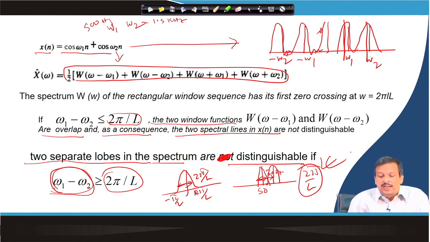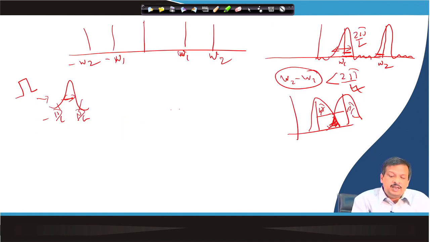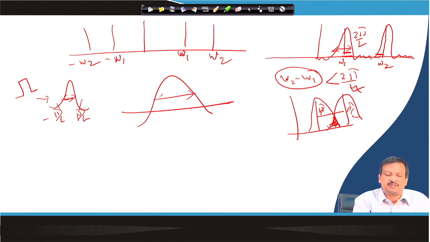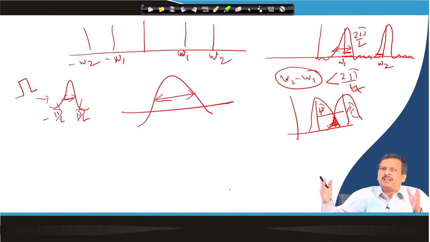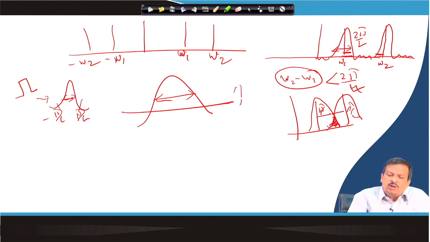Now, see, if the main lobe width increases, then my resolution will decrease. Broad spectra, frequency resolution will decrease. Okay or not? So, if I want to increase the frequency resolution, then this lobe should be very sharp.